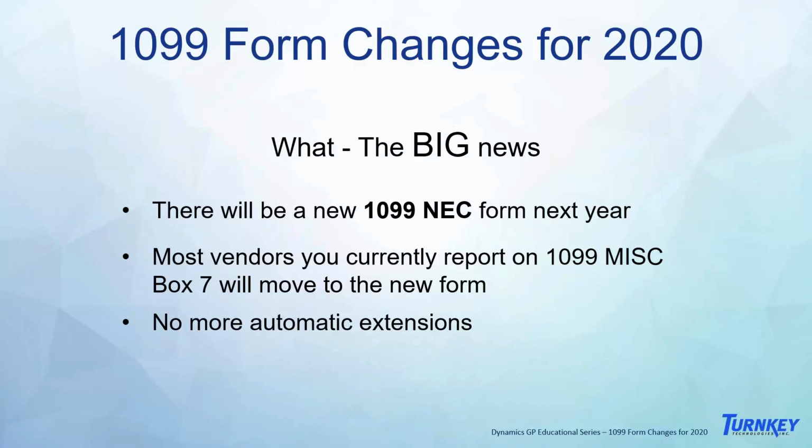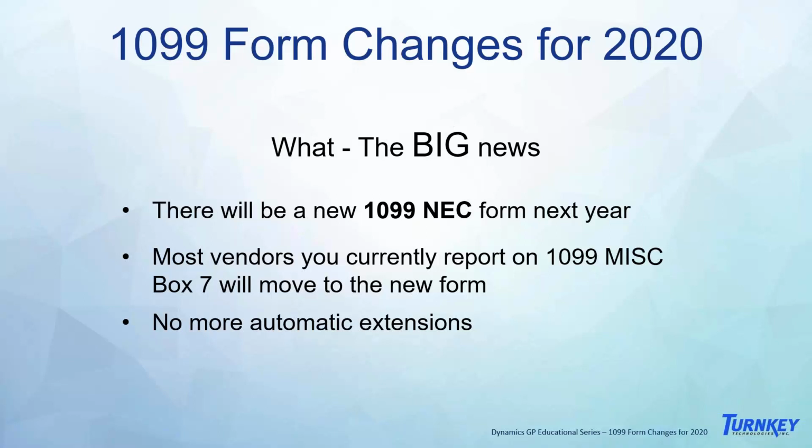Bam, I'm going to be late, hit the easy button, no penalties, I get an automatic 30-day extension. Those have been eliminated. There are still extensions available. I think there are five different areas where you can get an extension, but they're like somebody died or the building burned down. They're pretty extreme. So you should not expect to get an extension of time on your filing requirements. So you really need to plan to be on time with that.